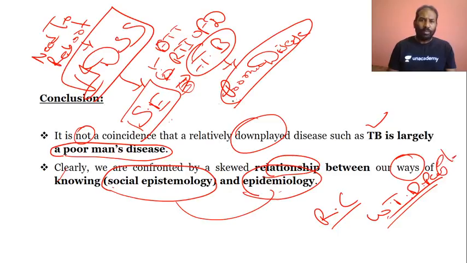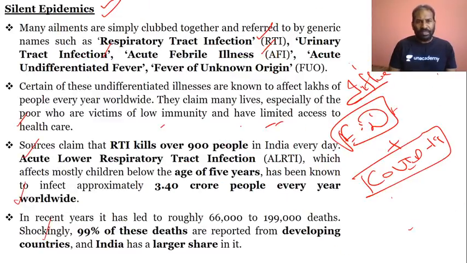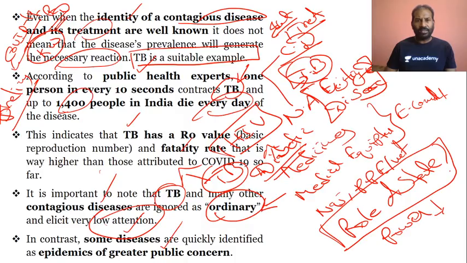No, the poor man's, or else the silent epidemics also should be taken into consideration, in regards to respiratory tract infections, urinary tract infection, acute febrile illness, acute undifferentiated fever or fever of unknown origin. Also, along with that, you have the acute lower respiratory tract infection, ALRTI.